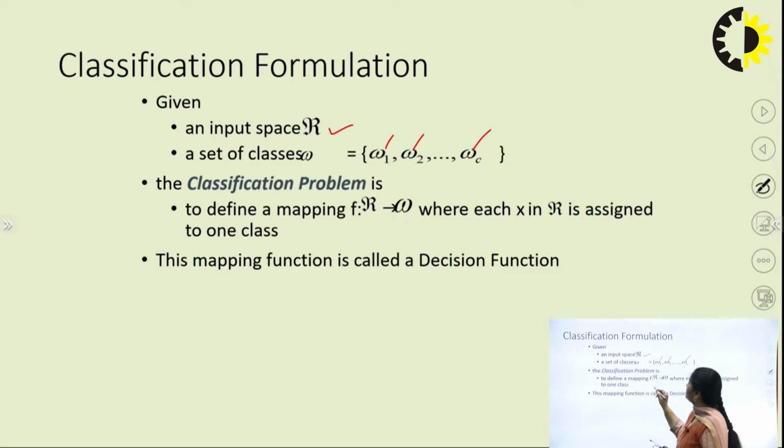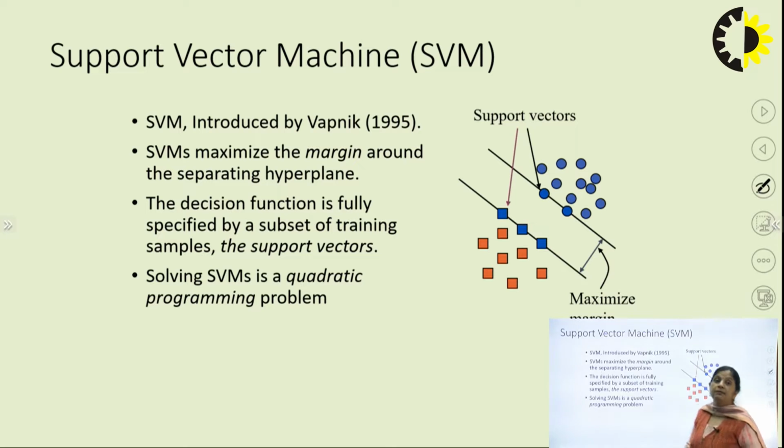The classification problem is finding this function f. This f will map the input space R to one of the classes, where each x in R is assigned to one class, and this mapping function is called a decision function. This is our classification.